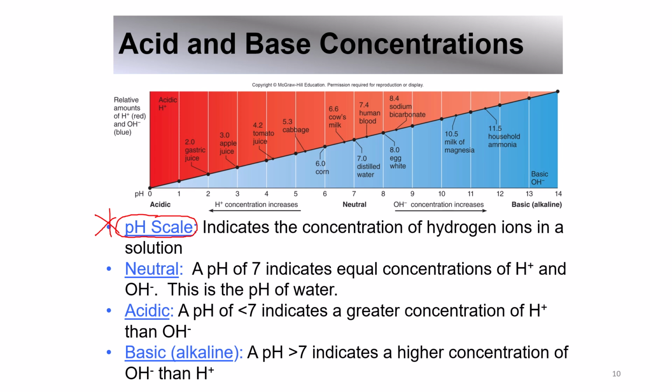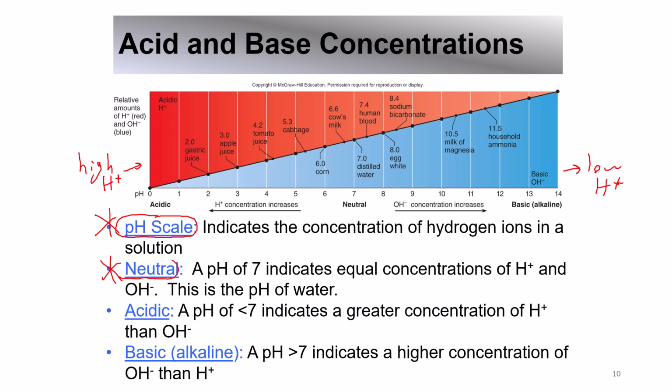So here, pH of 0, this has very high hydrogen. But when you go up to pH of 14, the other side, this here means low hydrogen. Okay, so know the range for neutral versus acidic, basic.